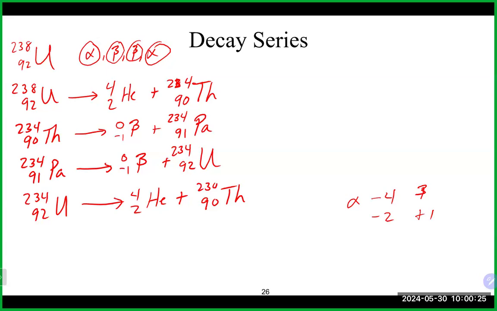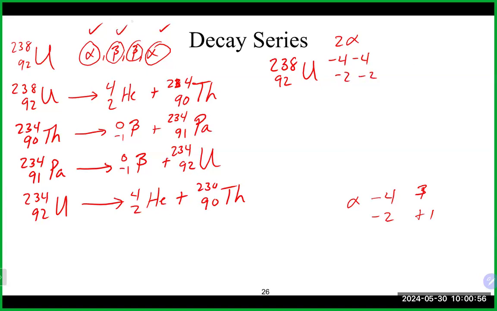So you could just do individual nuclear equations and balance them out. And again, your product of the first one becomes your reactant of the second one. Again, if we were just interested in what we get at the end of this journey, and not interested all the way through, we would see that we have 2 alphas, which means from the top we should subtract 4 twice, and from the bottom we should subtract 2 twice.